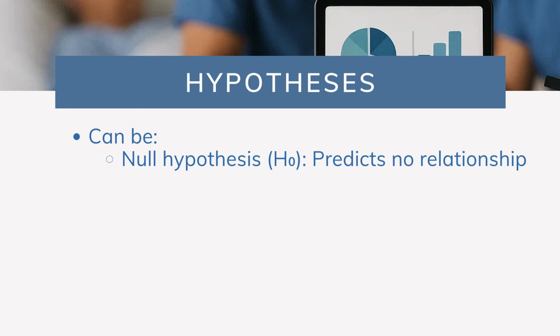It serves as your default position and the one you aim to challenge through your research. For example, if you are studying knowledge and compliance, your null hypothesis would state, there is no significant relationship between knowledge on infection control and compliance to protocols.